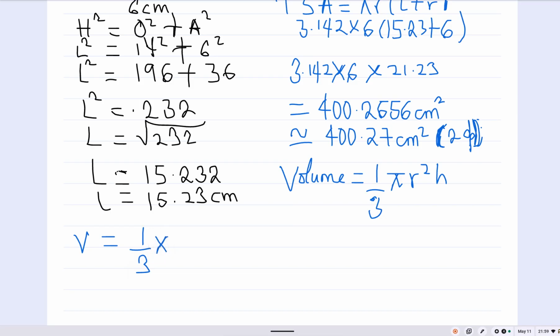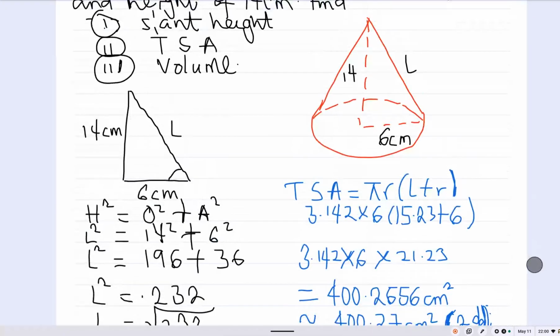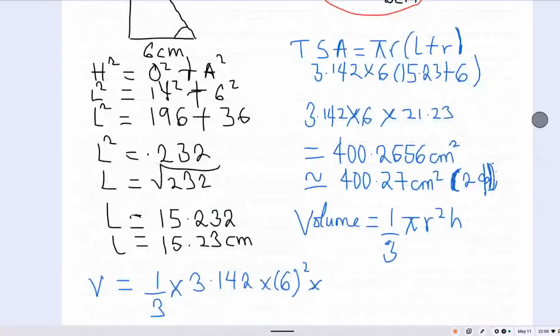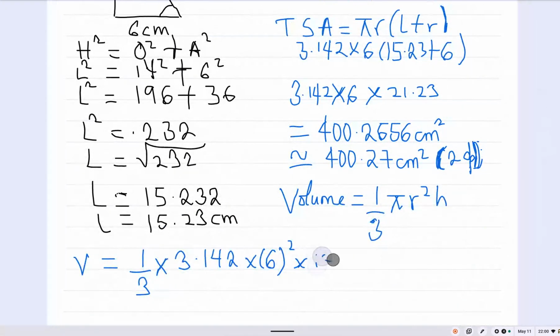Your pi here is 3.142, multiplied by our r squared, that's 6 squared, then multiplied by our h. They gave us h. Our h is 14.